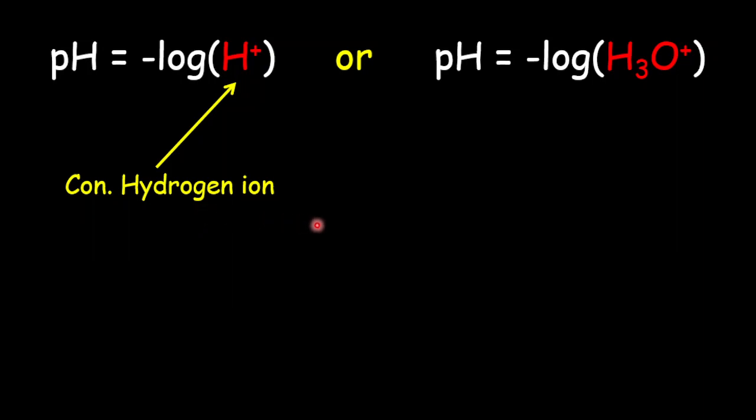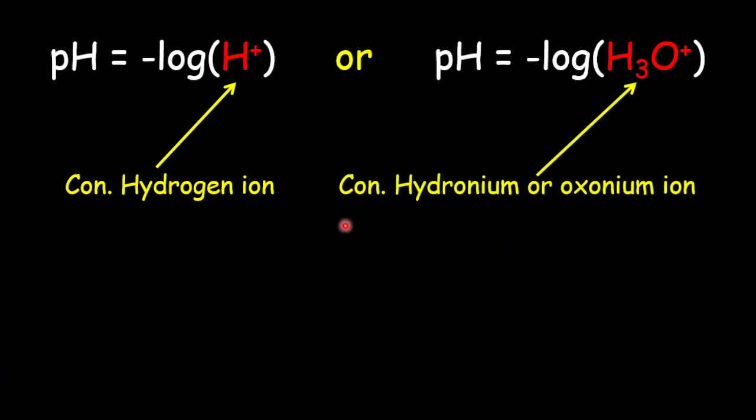The one on the right is pH equals minus log multiplied by the concentration of hydronium or oxonium ions, where H3O plus represents that concentration. What's the difference? There's no difference really, because they can be used interchangeably. Whichever one you see, they mean the same thing.